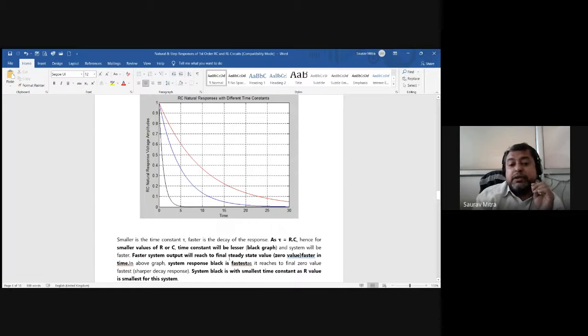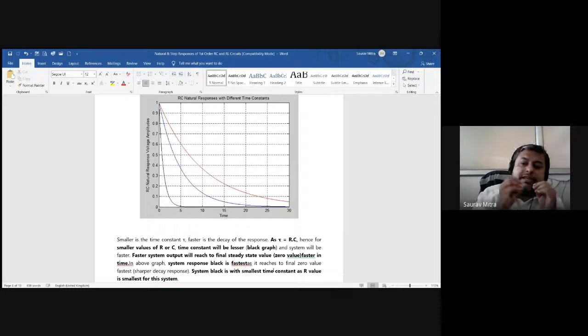For a faster system, the output will reach the final or steady state value. What is the steady state value? It is 0. Initially it starts from amplitude A or V0 and very fast it falls to 0. So the faster the system, the sooner the output reaches the final steady state value of 0. In this case, the lesser the value of R, the system will reach 0 amplitude very fast.